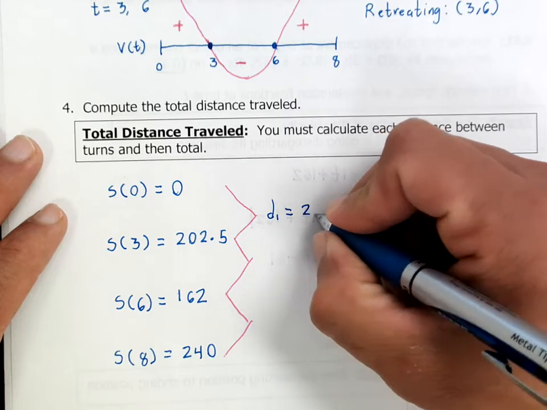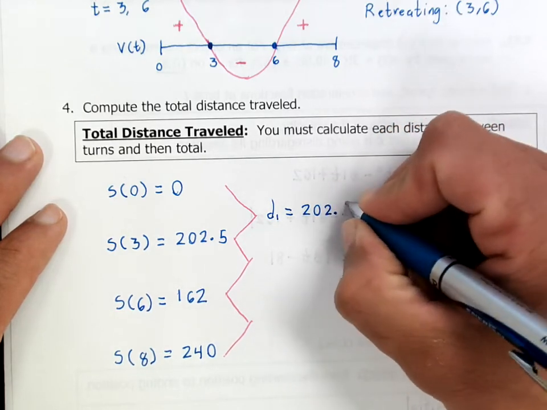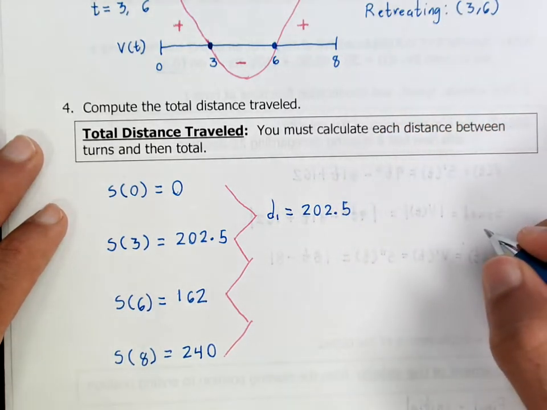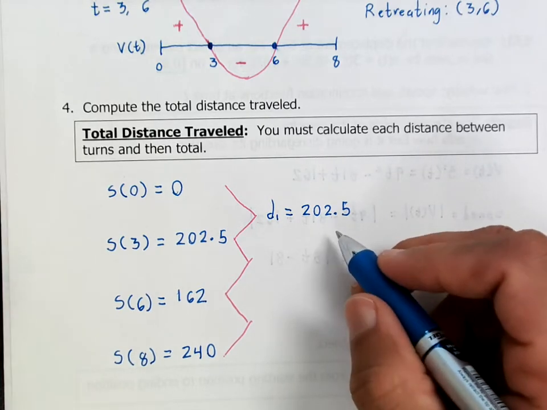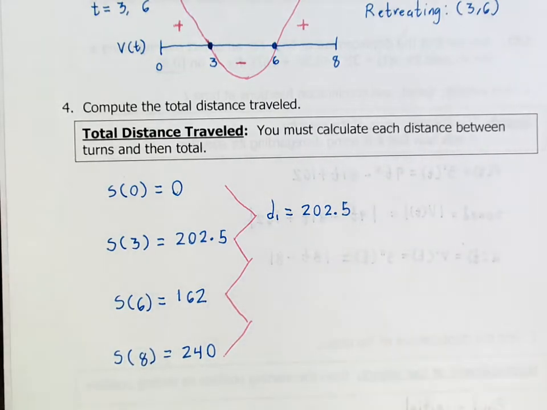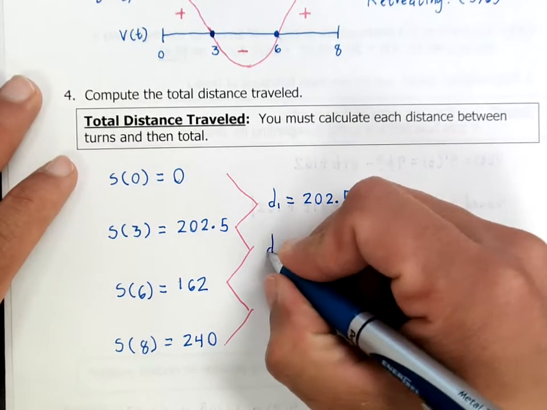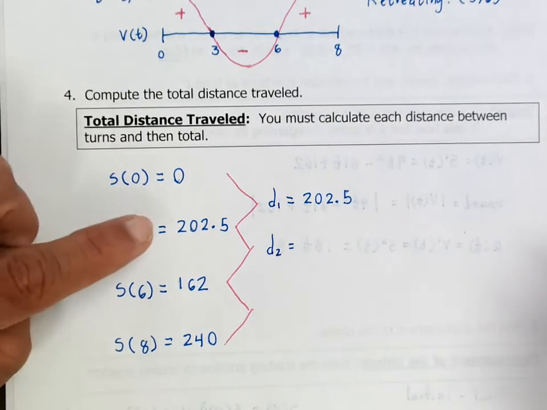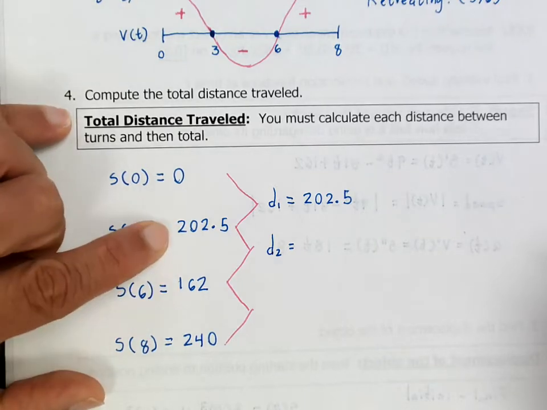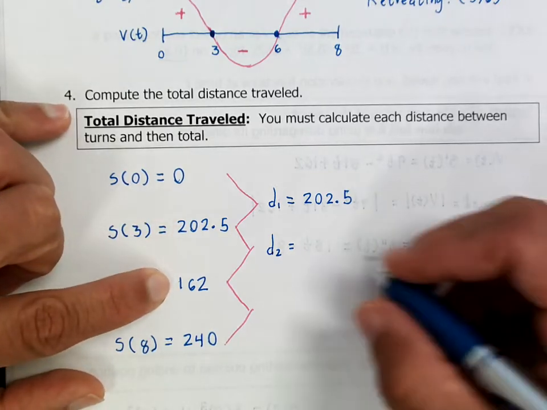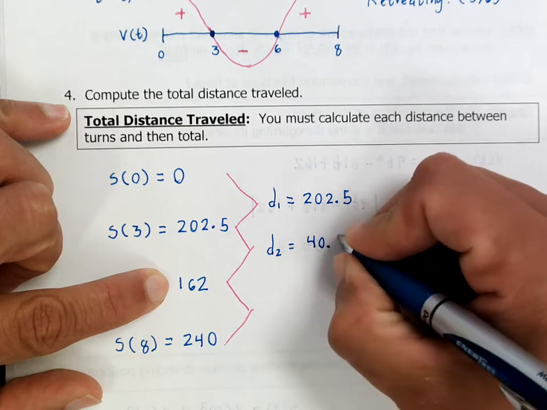The object was advancing between 0 and 3, and it traveled 202.5. It didn't really give me units, so I'm going to say meters. On distance 2, it traveled from this point to that point, and between them that would be 40.5. Again, there should be no negatives.